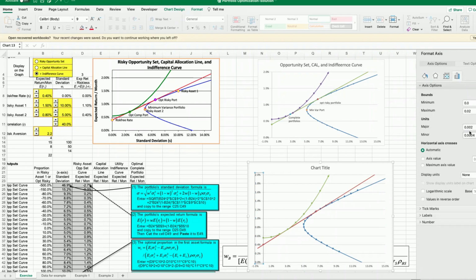And the unit here, I want to change it because I don't want such a dense representation of the reference lines. So I want to change it to 0.05.